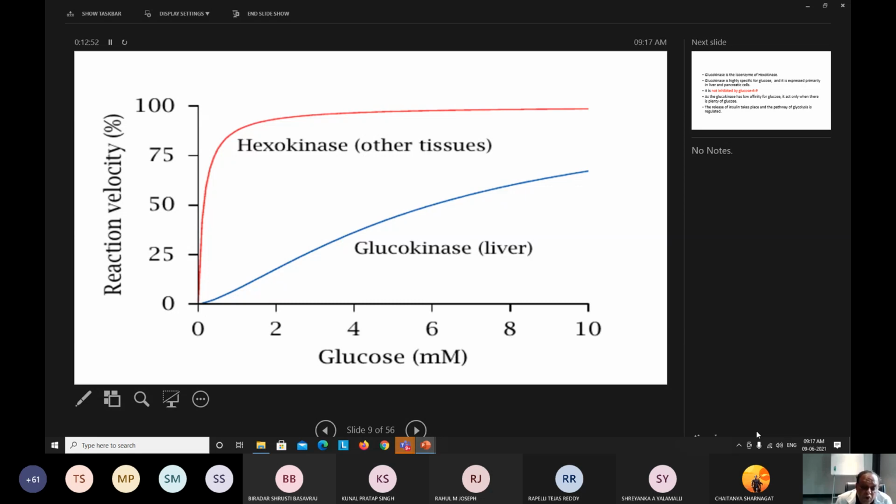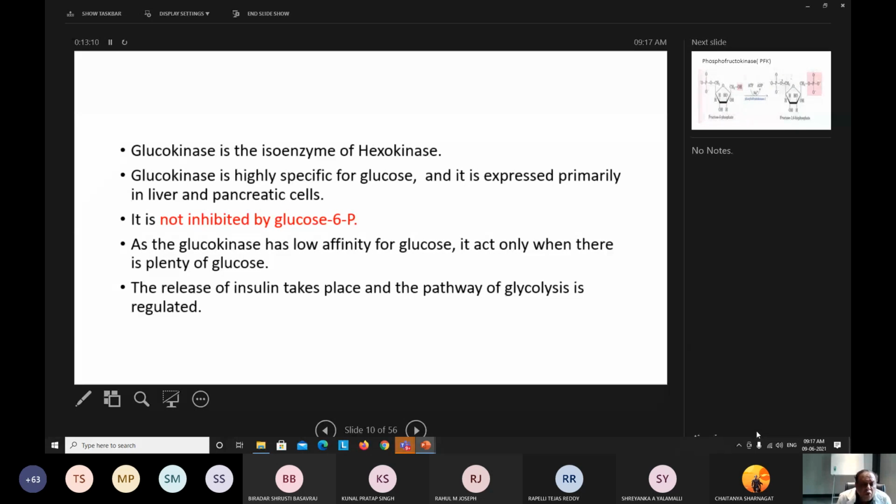In this graph, glucose is expressed not in milligram per deciliter, but in millimole per liter. So 18 milligram is equivalent to 1 millimolar of glucose. Glucokinase is an isoenzyme of hexokinase. It is highly specific for glucose and it is expressed only in the liver and pancreatic cells.